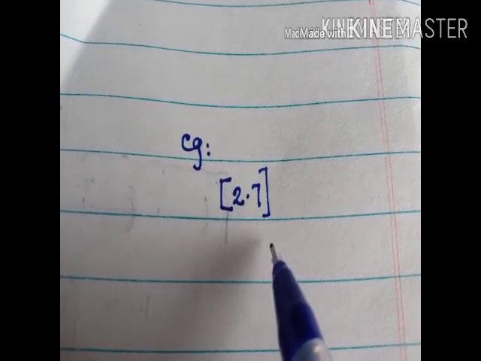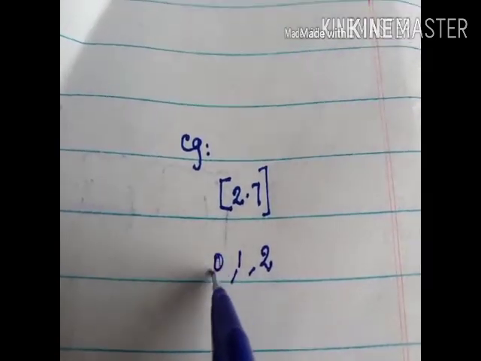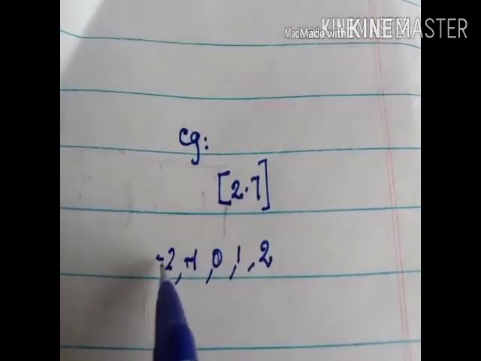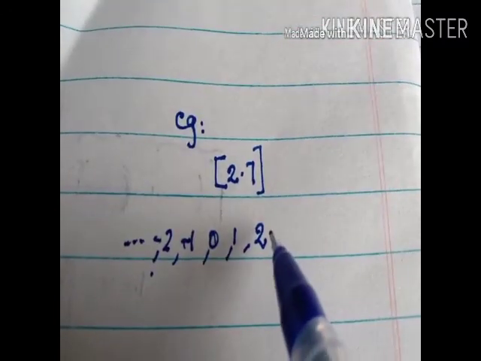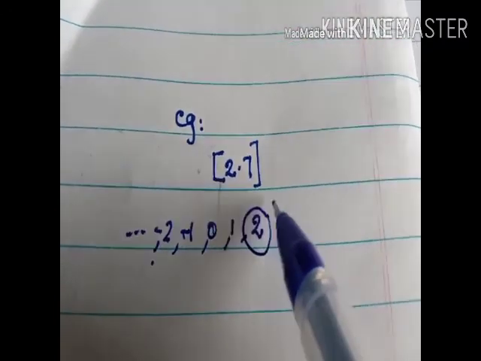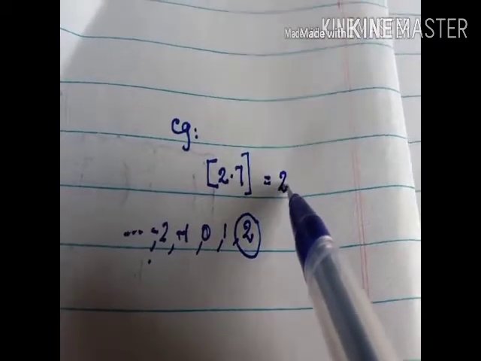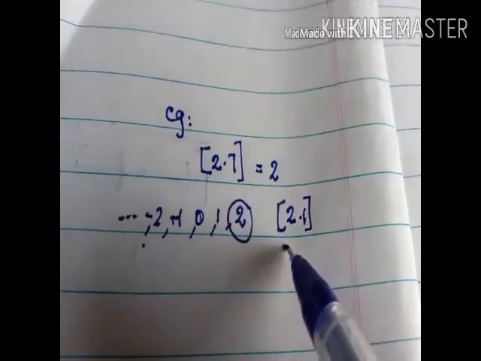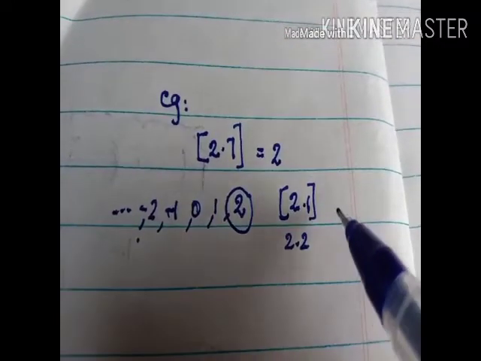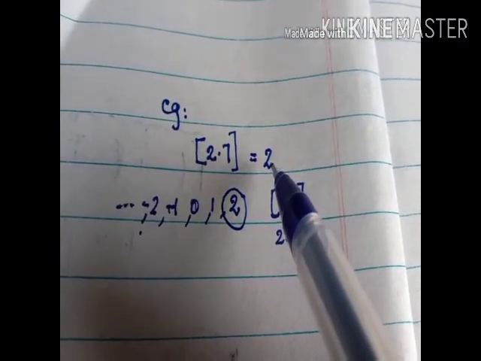They are 2, 1, 0, negative 1, negative 2, etc. Out of these integers, the greatest is 2. So greatest integer function of 2.7 is 2. Now listen, greatest integer function of 2.1, 2.2, 2.3, 2 point whatever it is, its value is 2.